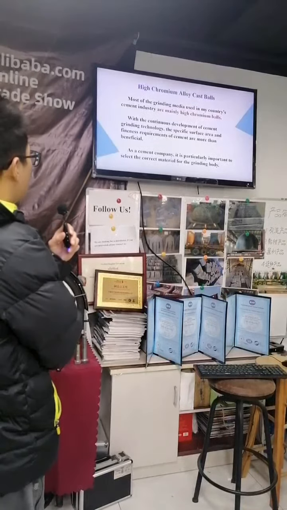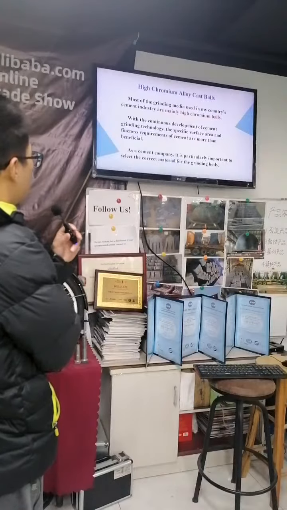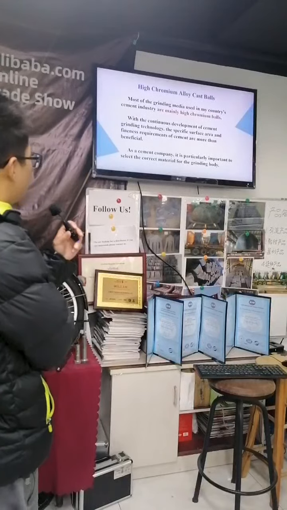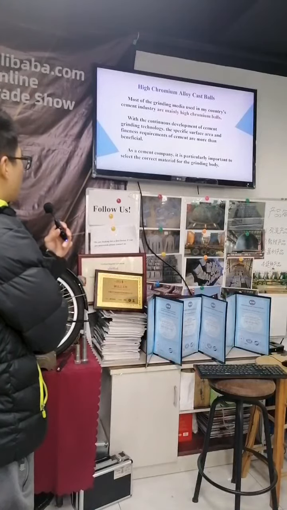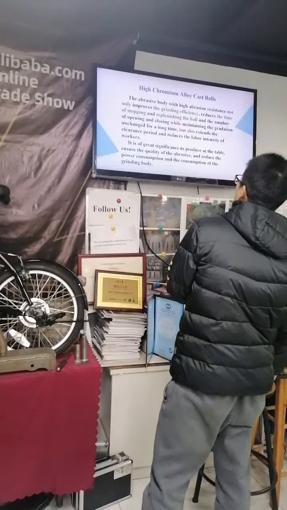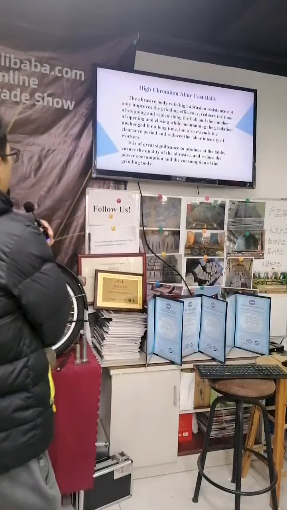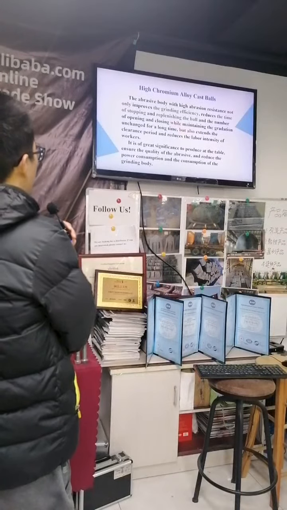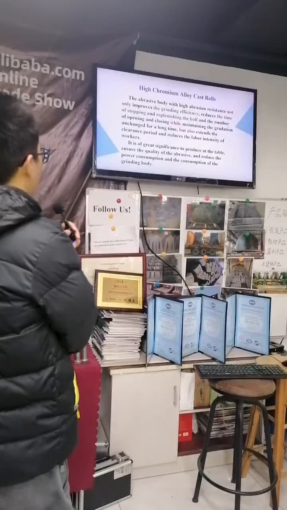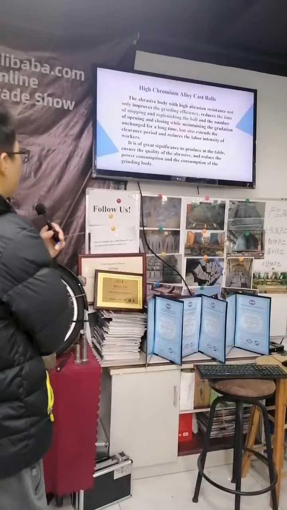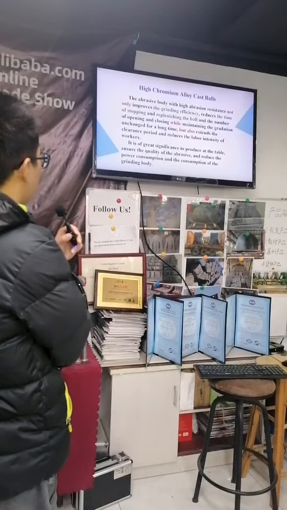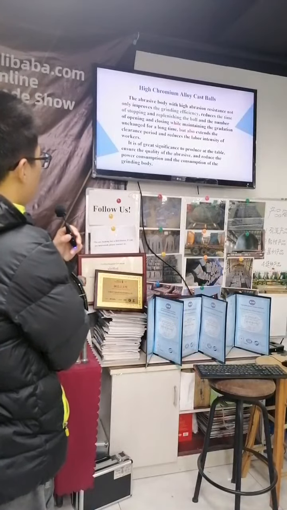With the continuous development of cement grinding technology, the specific surface area and fineness requirements of cement are more demanding, and it is particularly important to select the right material for the grinding body. An abrasive body with high abrasion resistance not only improves the grinding efficiency, reduces the time of stopping and replenishing the balls, and the number of openings and closings while maintaining the gradation unchanged for a long time, but also extends the cleaning period and reduces the labor intensity of workers.